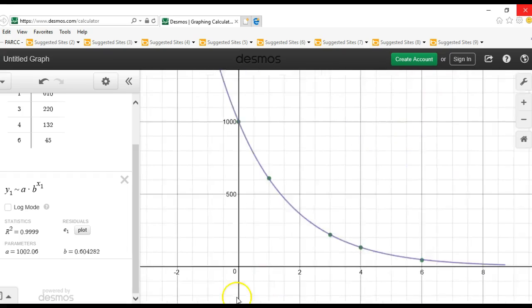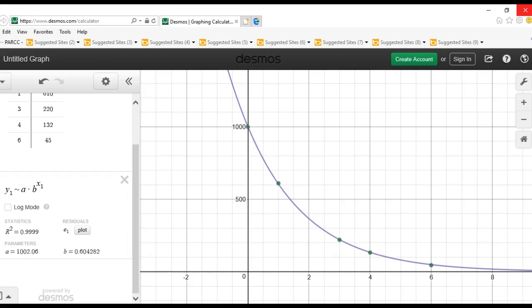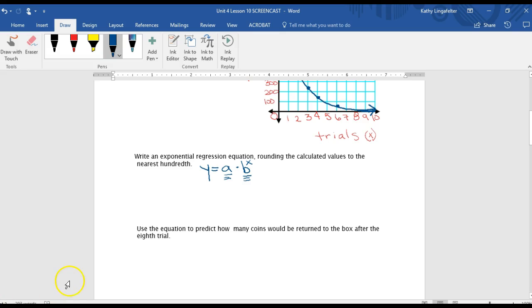Okay? And it also gives me what I need right here for my A and my B value. Okay, and that's what I need to write my equation. So I'm going to go back to the Word document, and I'm going to write down that A equals 1002.06 and B equals 0.60.